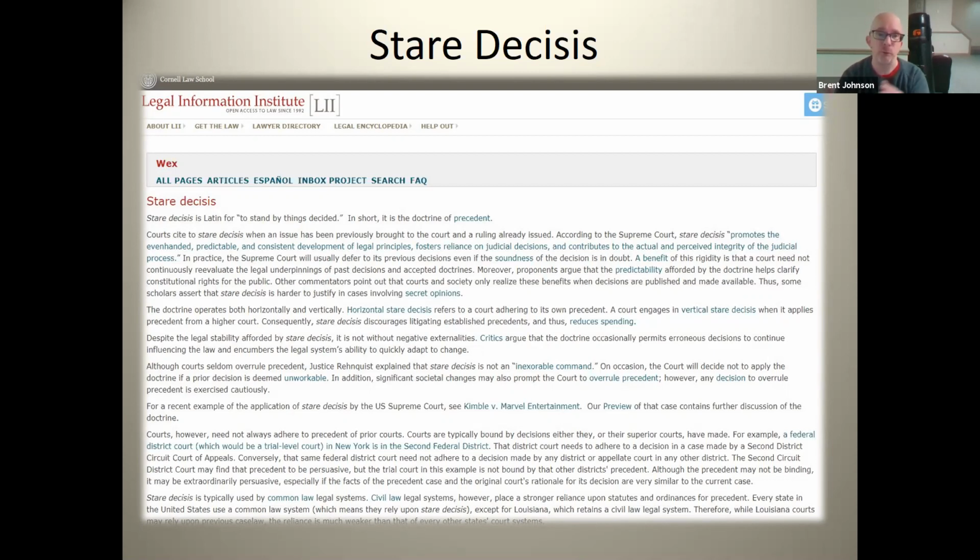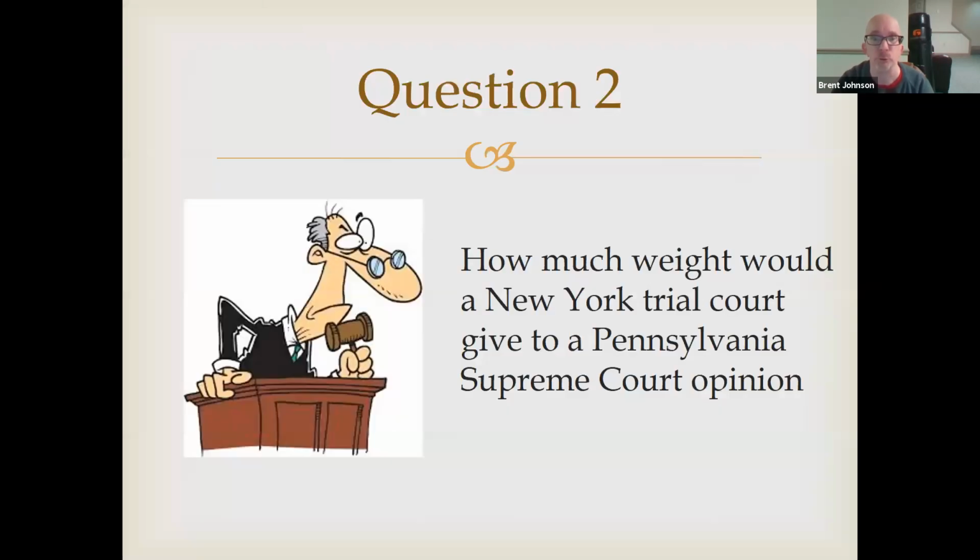But up until the point an appellate court decision is overruled by an upper level court, the lower courts in your jurisdiction have to follow it. So Pennsylvania appellate court decisions stand and must be followed until the Pennsylvania Supreme Court overrules that decision.